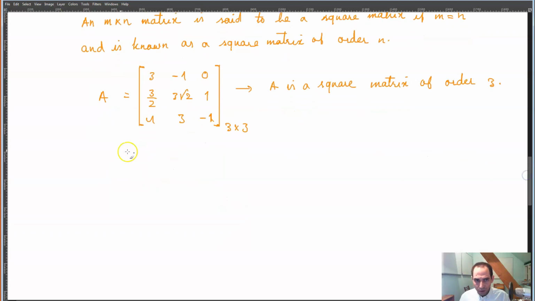Now in general you can say that A is equal to A of ij, m times m, is a square matrix of order m.